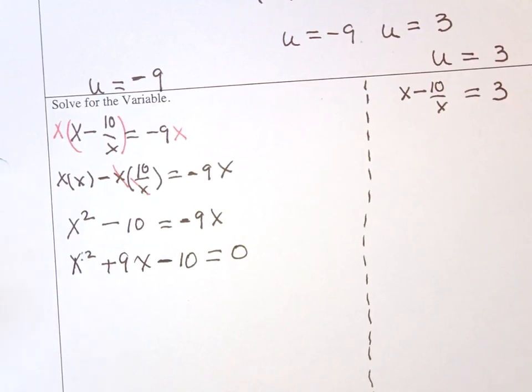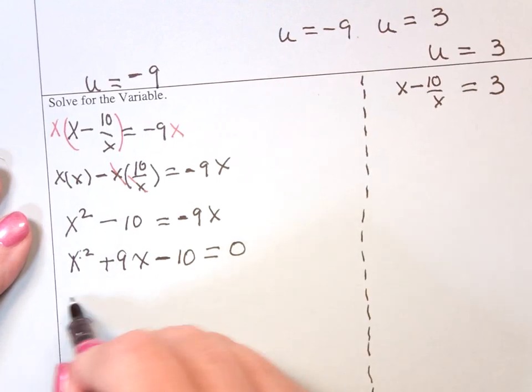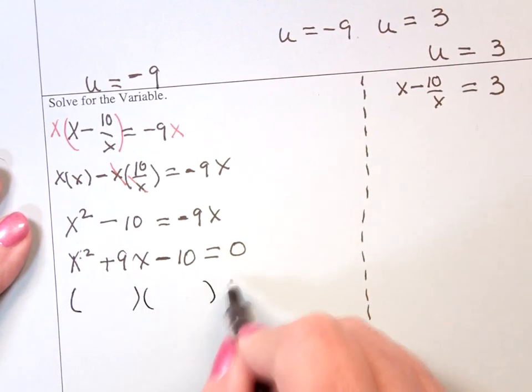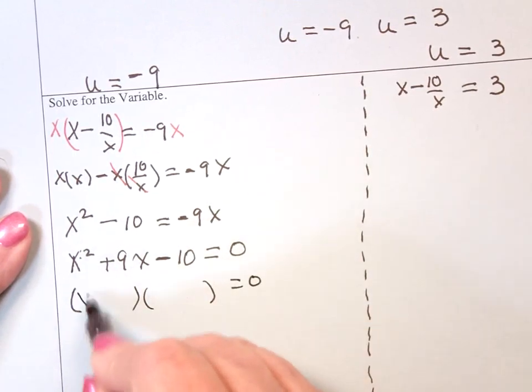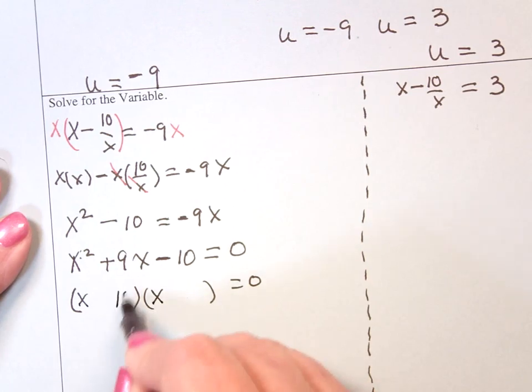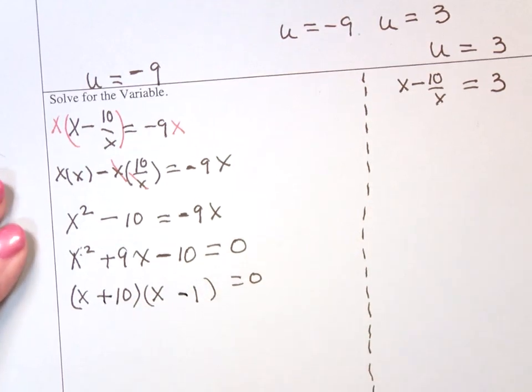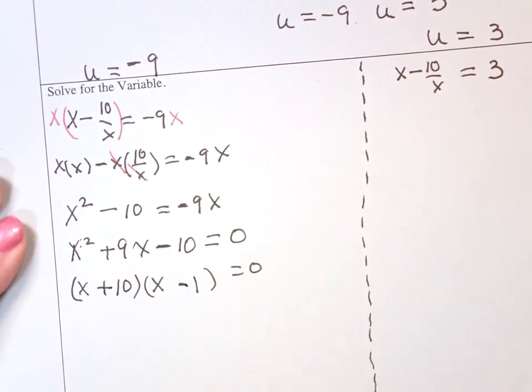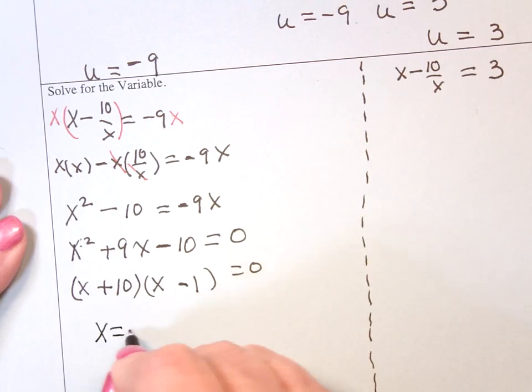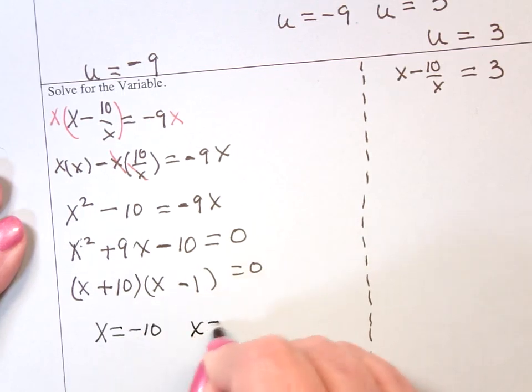So I could either factor or use the quadratic formula. Well, it does factor. But plan B should always be the quadratic formula. And I need a plus 9. So I get that x is minus 10, x is 1.